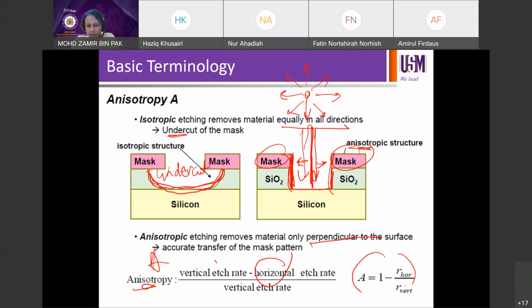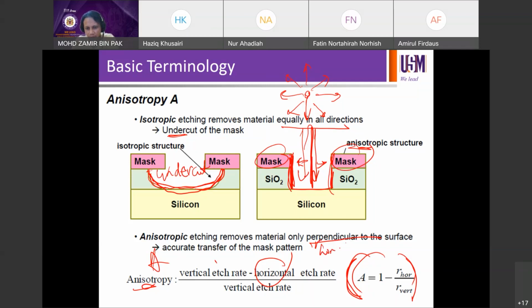So if you look at this equation, if your R for horizontal is negligibly small, what do you get as your A? What is the anisotropy or value of anisotropy if your horizontal etch rate is very, very small in comparison to R vertical? What do you get as the value of A?